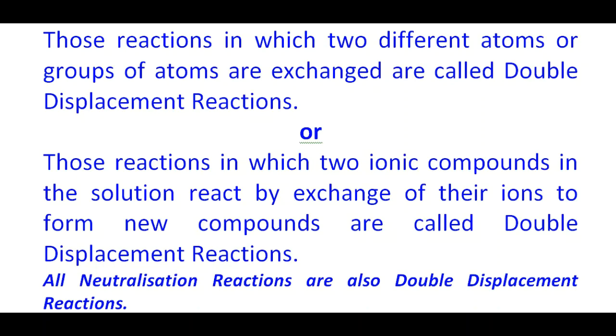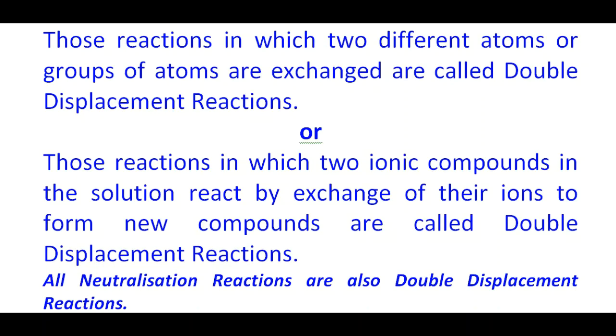In another way of looking at the same thing, the reactions in which two ionic compounds in solution react by exchange of their ions to form new compounds are called double displacement reactions. In fact, you see all acid-base reactions or neutralization reactions are also double displacement reactions.